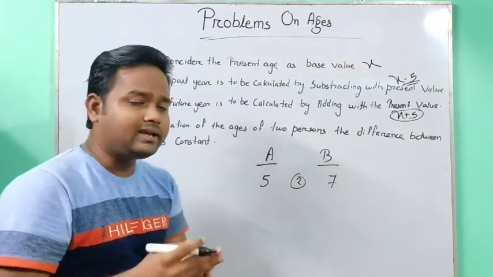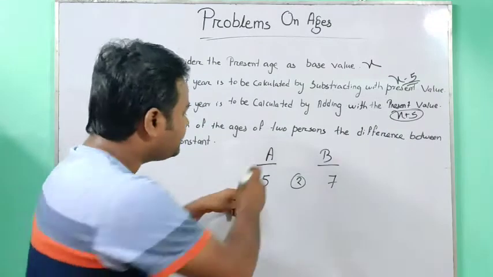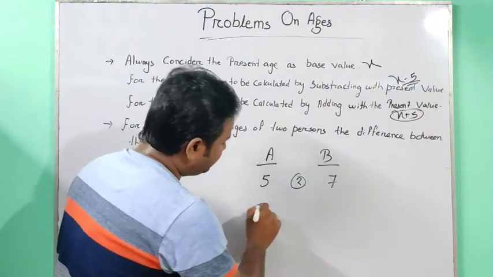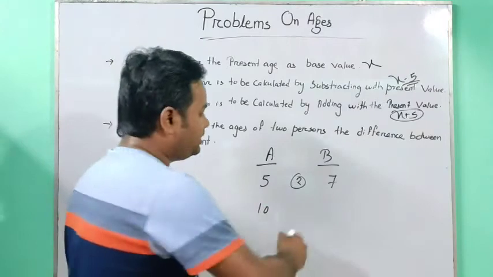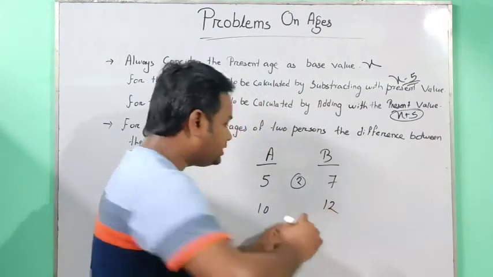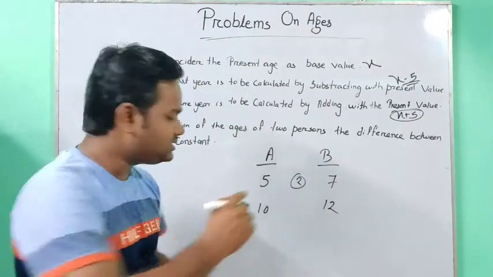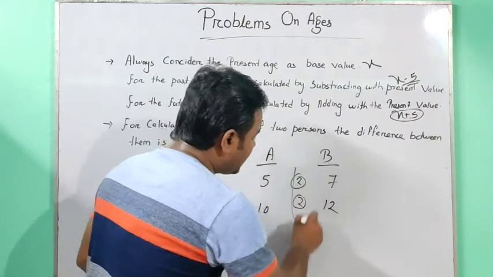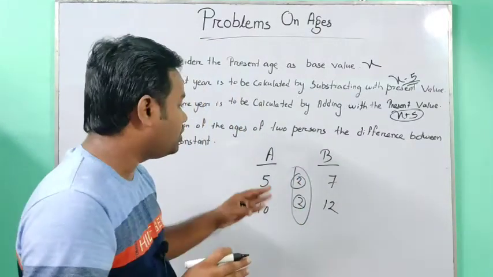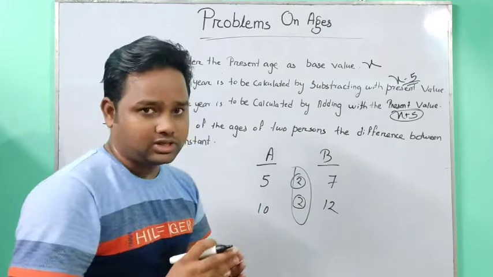After 5 years the age of A will be 10 years, and the age of B will be 12 years. So here also the difference between them is 2 years. We have to keep in mind that the difference between them is always constant.